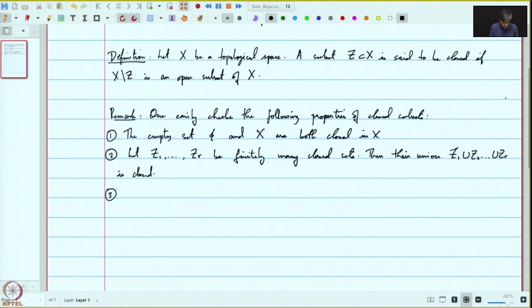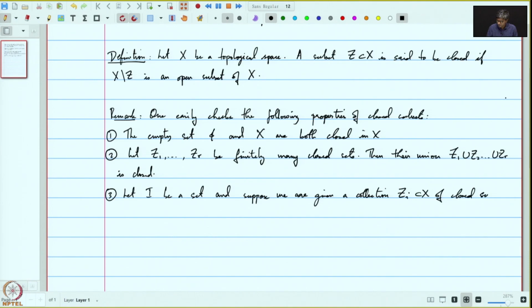Okay. And the third property is that let I be a set, and suppose we are given a collection of closed subsets, then the intersection of these closed subsets, which is a subset of X, is closed.